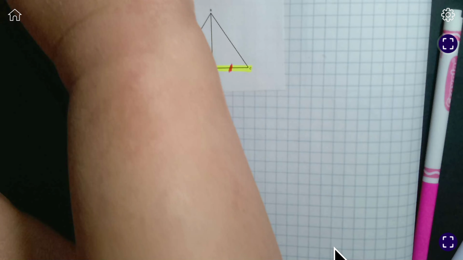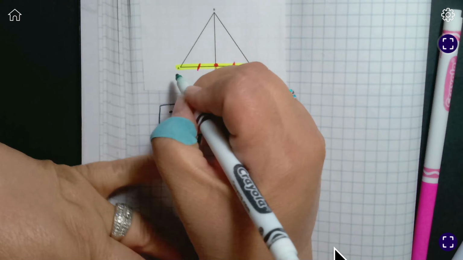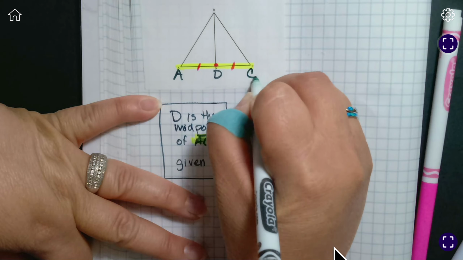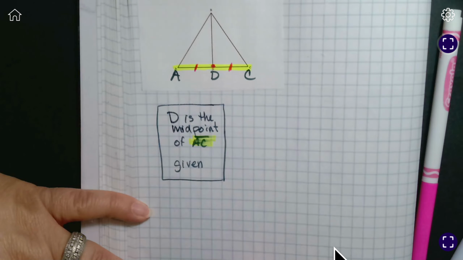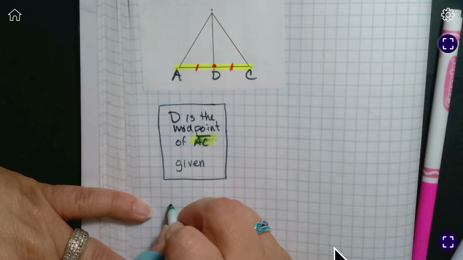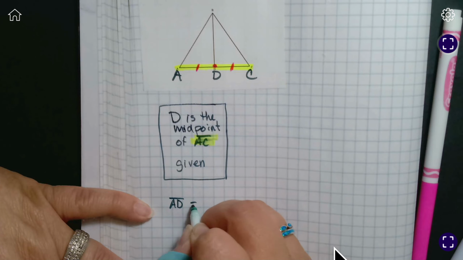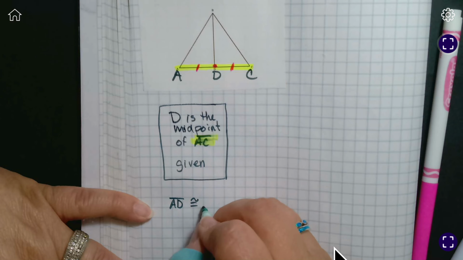So this is AD and this one is DC. So that's what we write: AD congruent to DC.